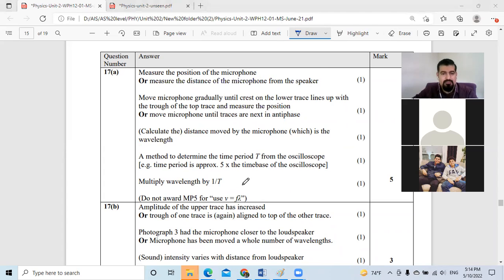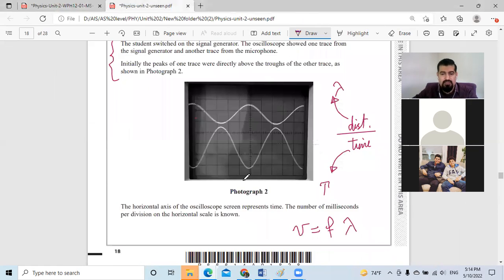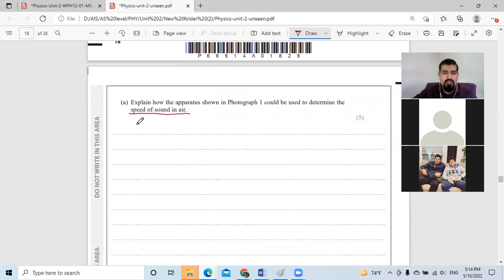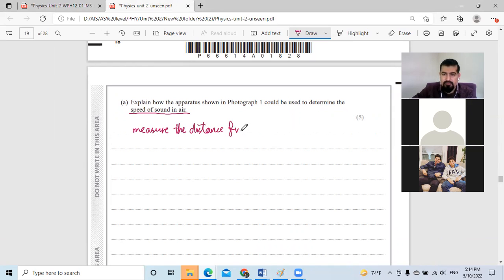So let's go back to the question here. What I'm going to say: measure the distance from the microphone to the speaker by the ruler or the meter rule.